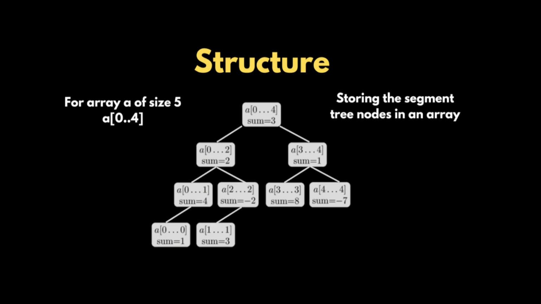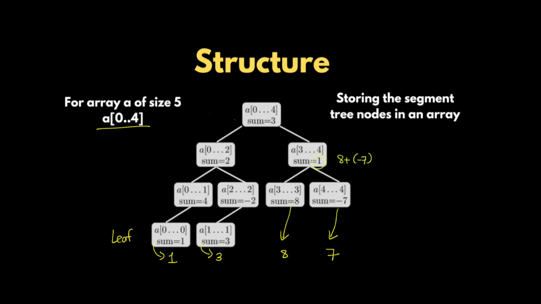Let's try to understand what the segment tree structure looks like. Let's say we have an array of 5 integers indexed from 0 to 4. Then the segment tree looks like this, where the leaf nodes are going to denote the array values at particular indices themselves. So let's say the array was 1, 3, -8 and 7. Then the leaf nodes will themselves be of the same value that was present in the array, and all the nodes above them will be the sum of the left node and the right node.